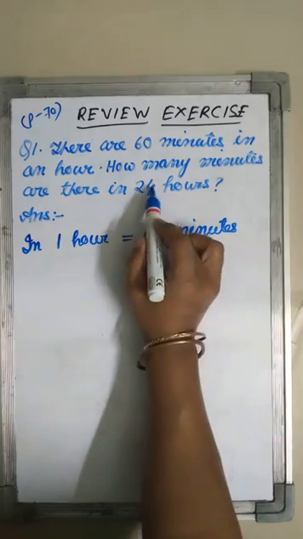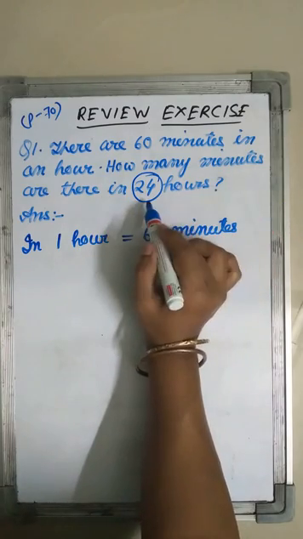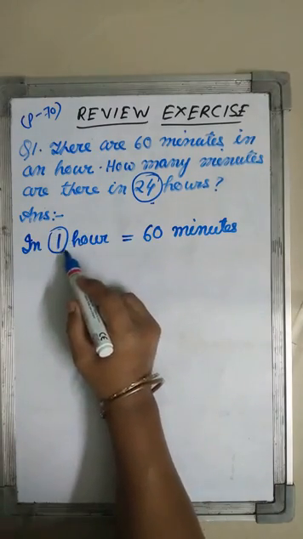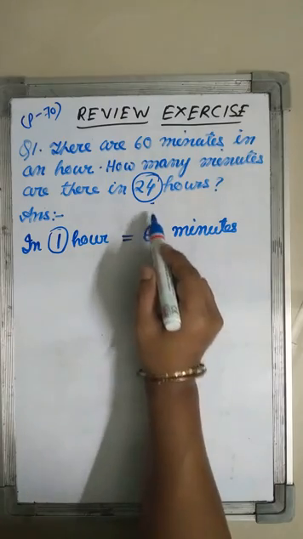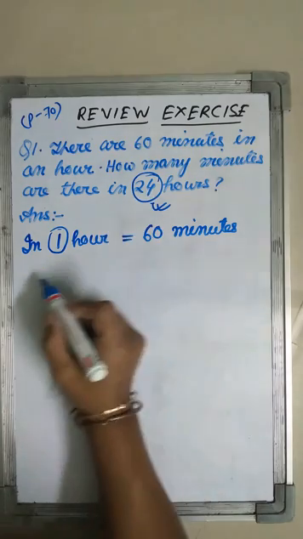For how many hours do we have to find? For 24 hours. 1 hour is given. For 1 hour we have 60 minutes. We have to find the number of minutes in 24 hours.